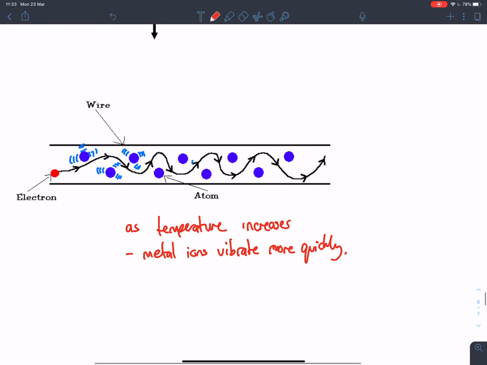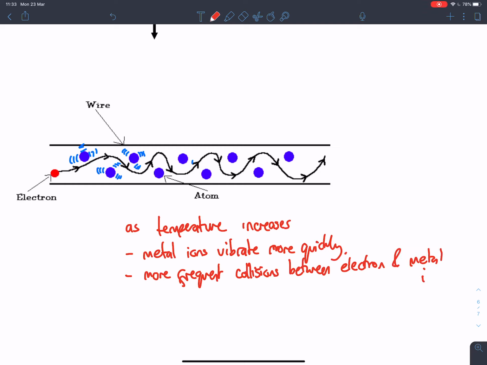And this means that there's more frequent collisions between the electron and the metal ions. And this means we get a higher resistance. Okay, so that's the explanation there.